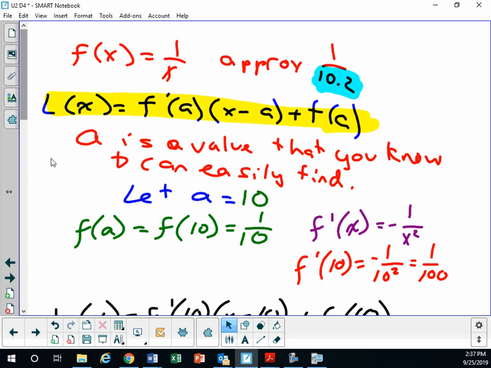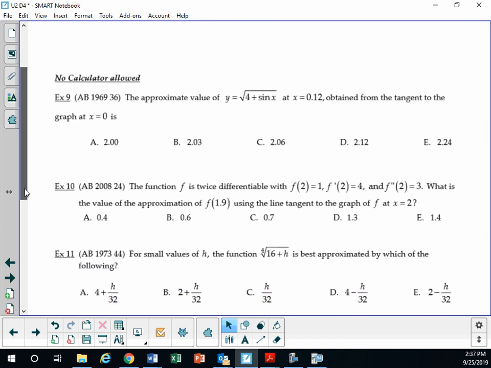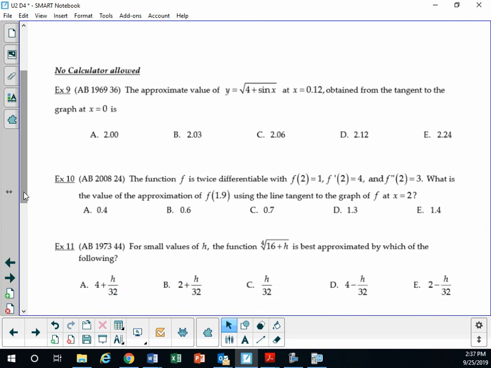Actually, I'm going to do example 9, and then I'm going to skip back. Example 9 says, the approximate value of y equals the square root of 4 plus sine x at x equals 0.12, obtained from the graph at x equals 0, is blank. So A is 0.